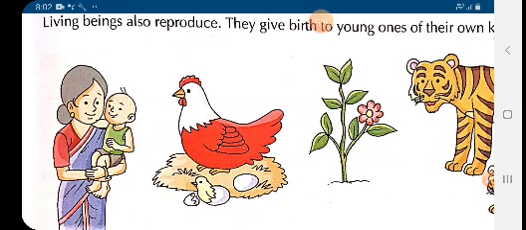The plant has a flower. This flower will grow, give fruit, and the fruit will have seeds, and the seed will give birth to another plant. Then we have a tiger. The tiger gives birth to a cub, which looks exactly like its parents.